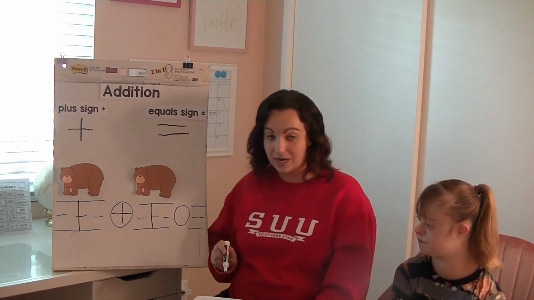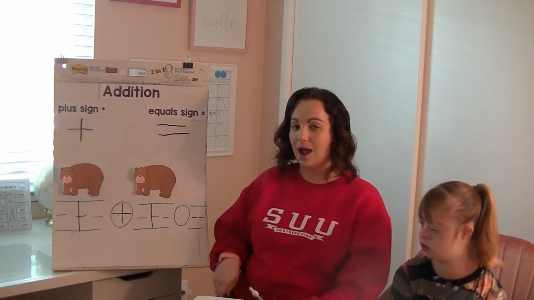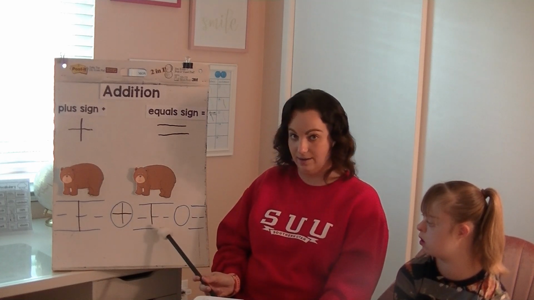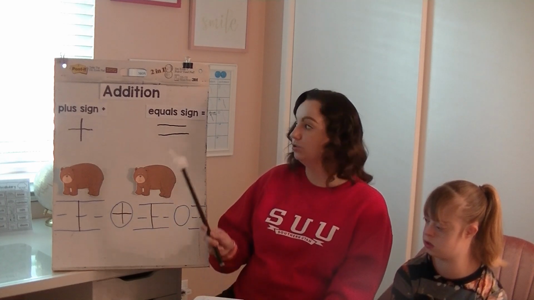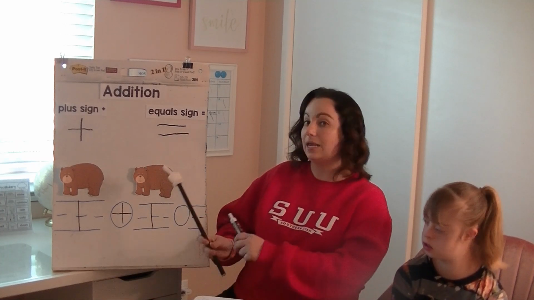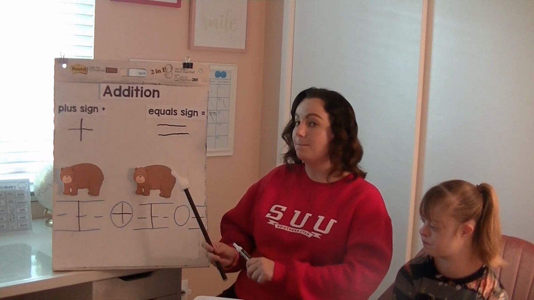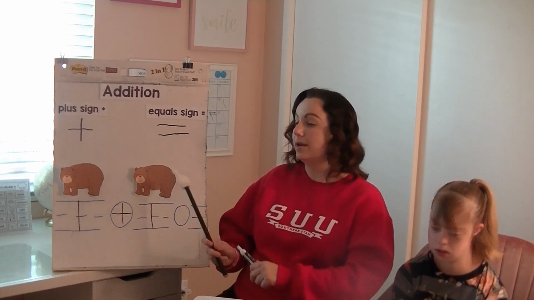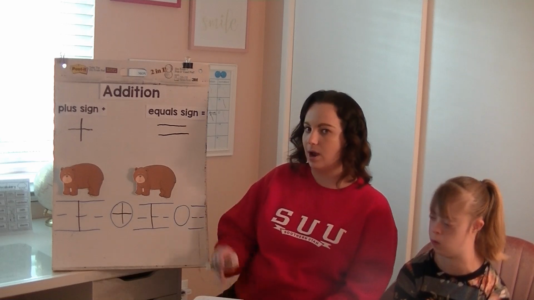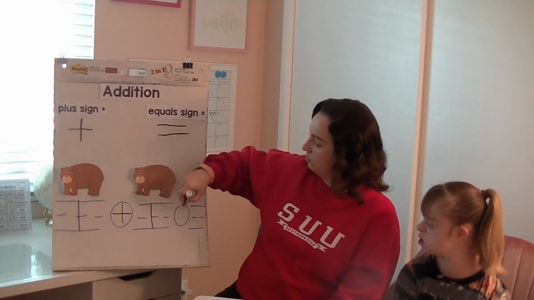Now, here's where we get to use our new friend. We have our problem that says 1 plus 1. We now need to use the equal sign to say it equals 1 plus 1 makes, 1 plus 1 is, 1 plus 1 equals. So now I'm going to take my writing tool and write equals here.